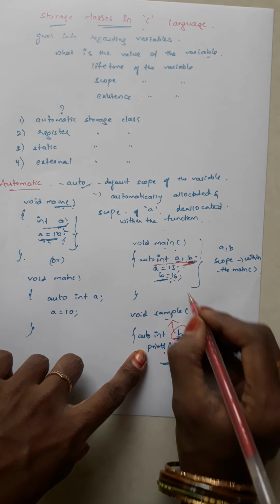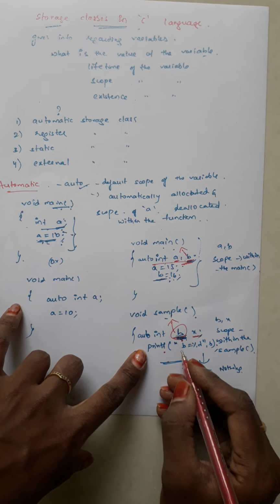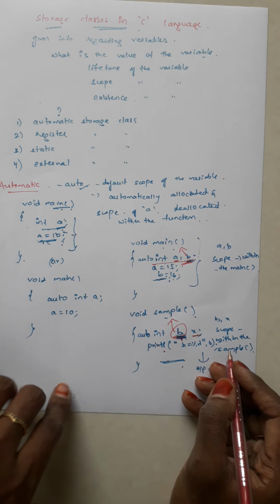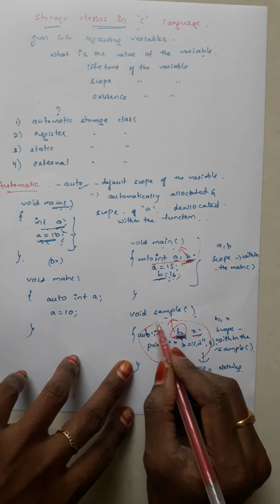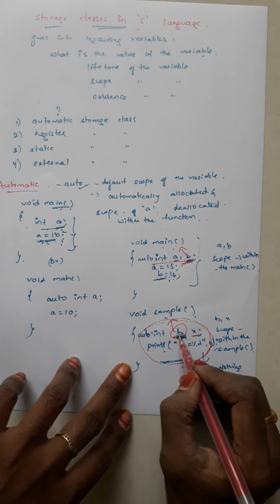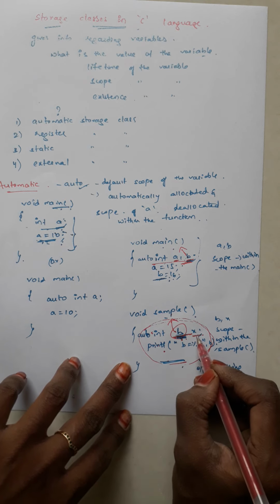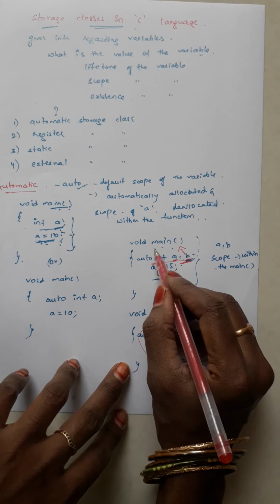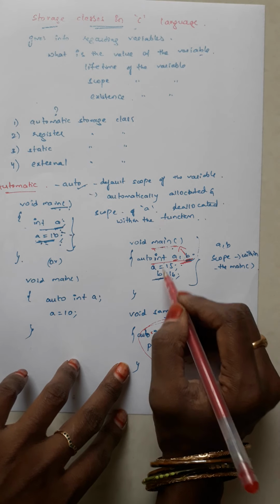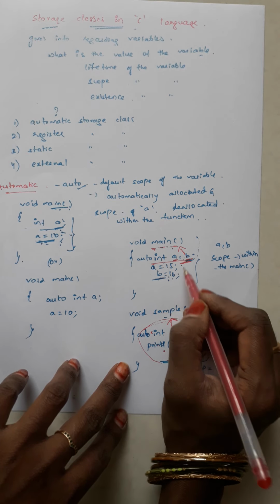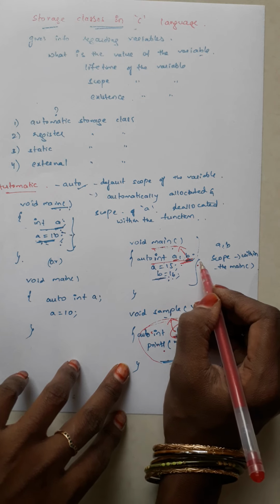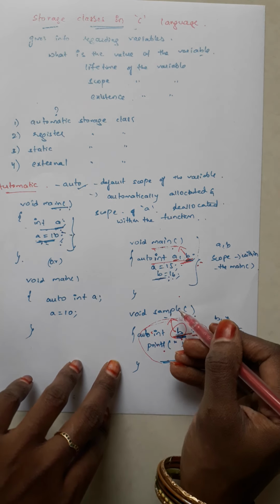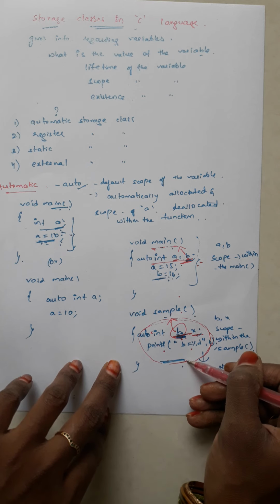The time the sample function is executing is the lifetime of the b and x variables. As long as the main function is alive, in the executing mode, a and b exist. That is the scope, lifetime, and existence of the variables.